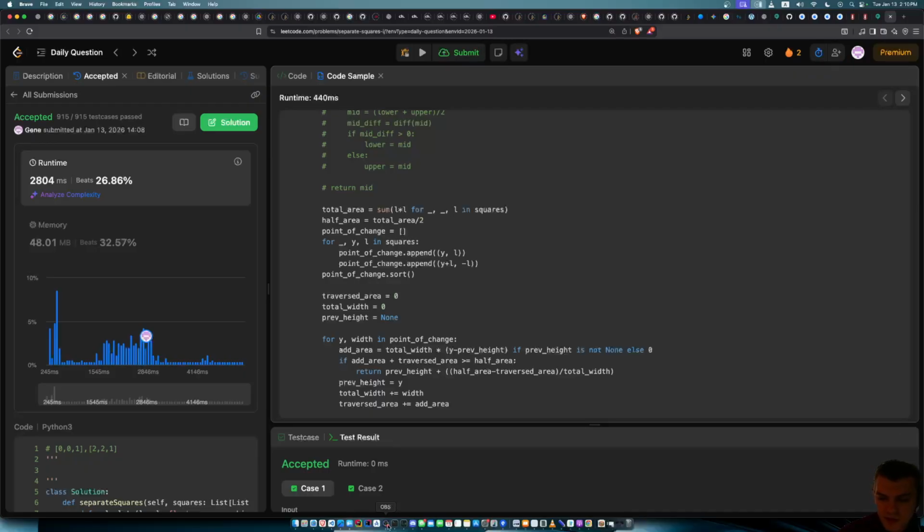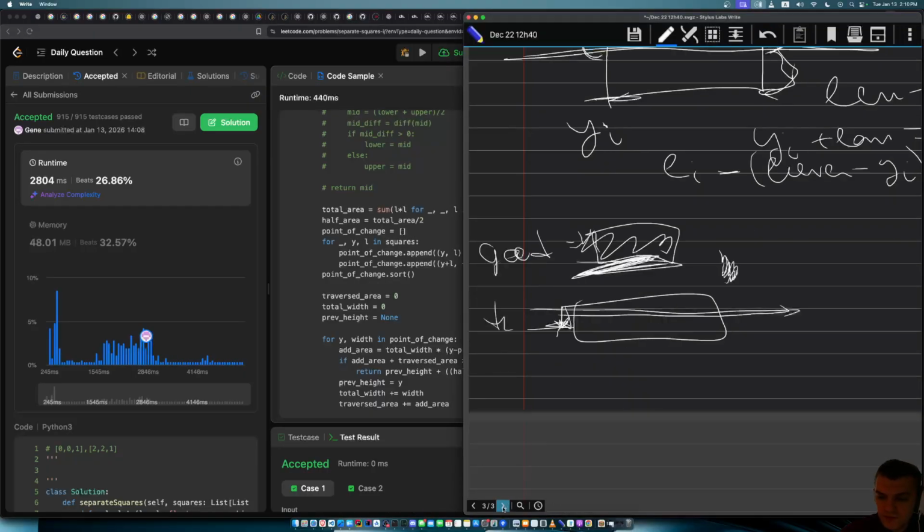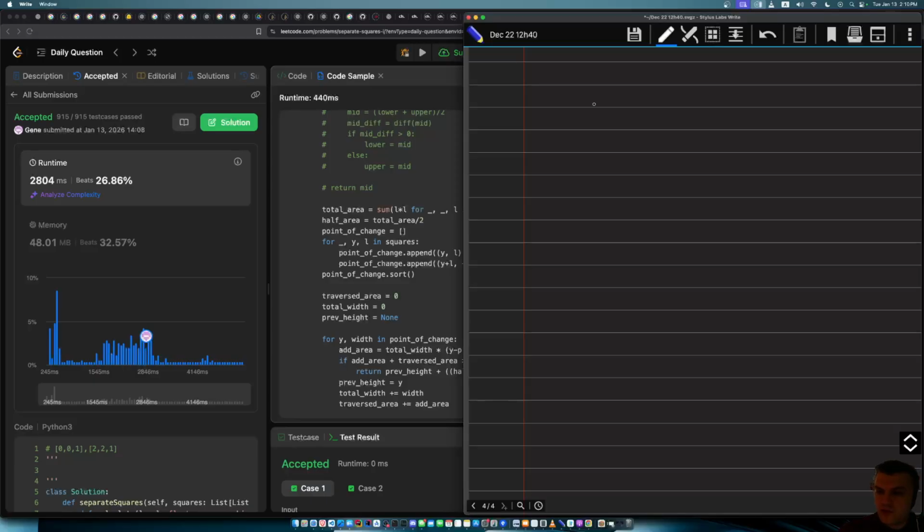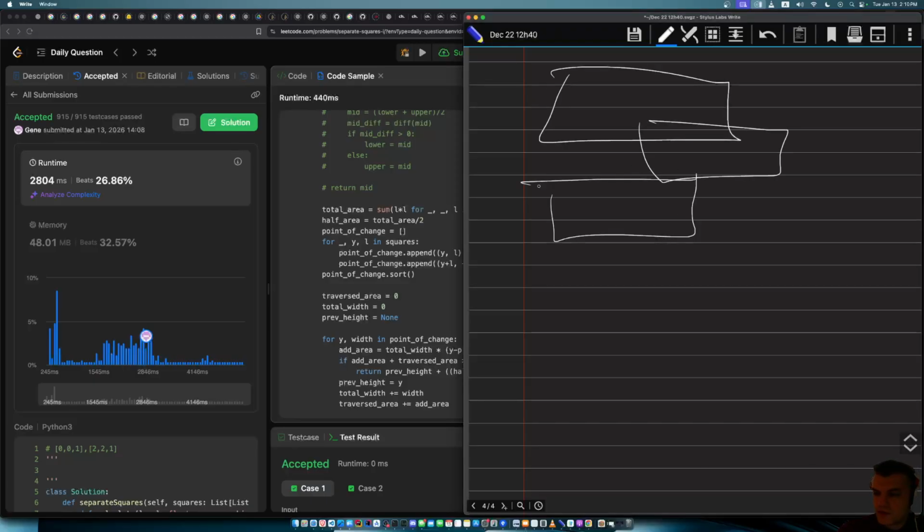So it's something like this, I assume. Let's say they have all these rectangles, and they check the areas. They know the target.